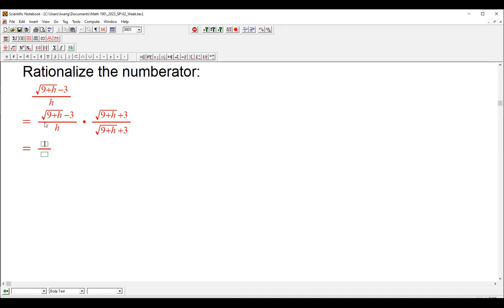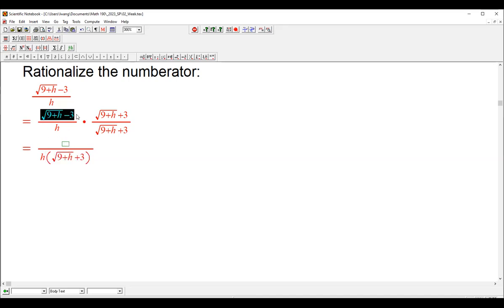Now we're going to do numerator times numerator, denominator times denominator. This denominator multiplied by this denominator, making sure you have parentheses inserted.